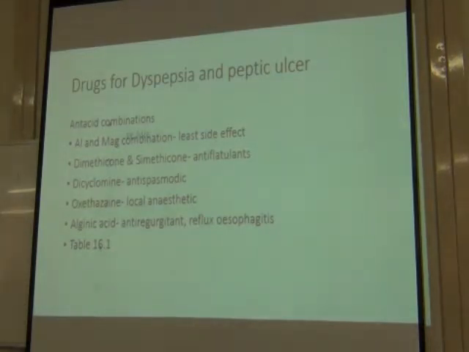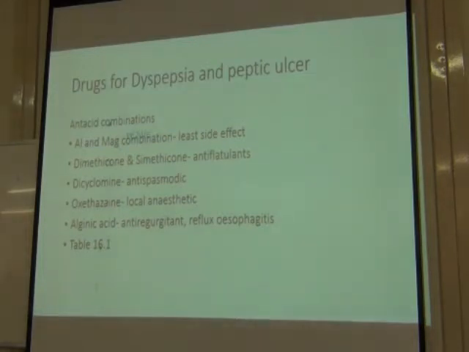Some other things that are added to antacids are, one of them, dimethicone or simethicone, added as antiflatulence. What's flatulence? Gas. Having gas, okay? So this one helps to disperse the gas and helps you to easily get it out of the system.